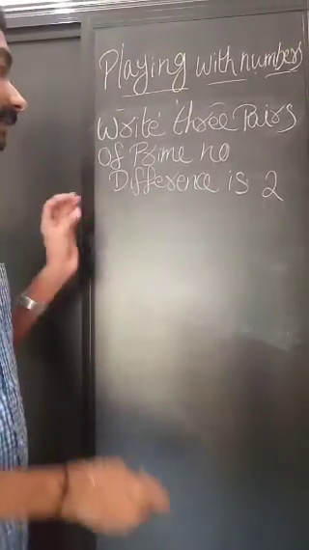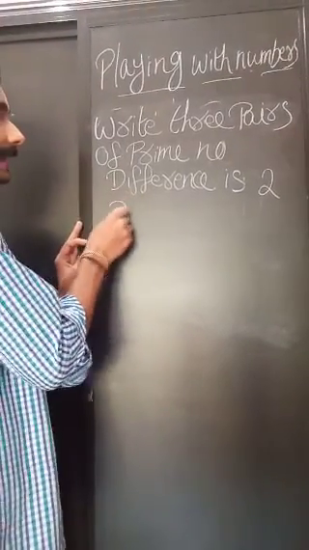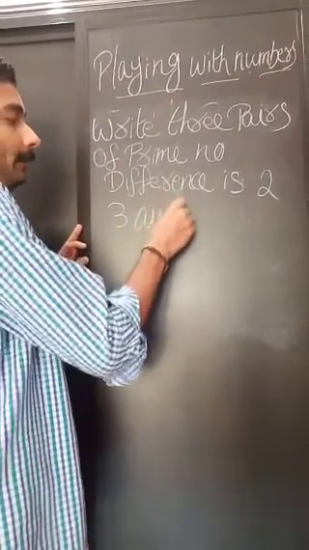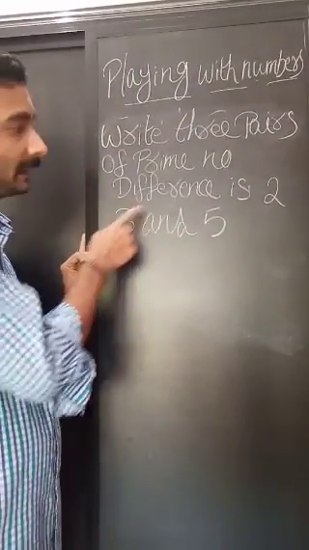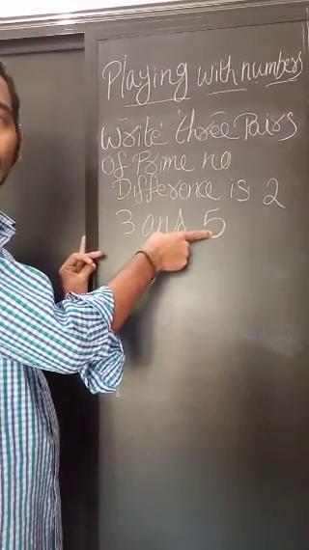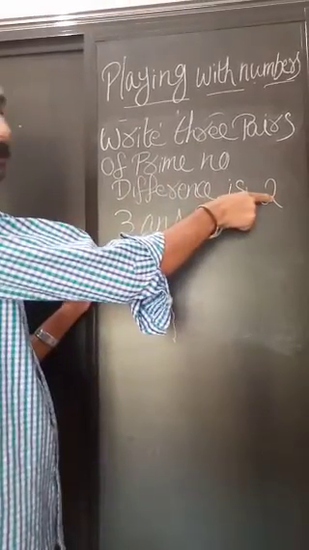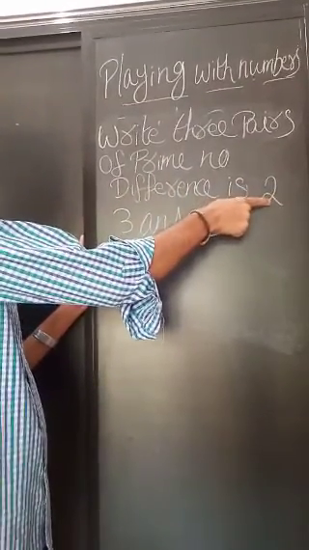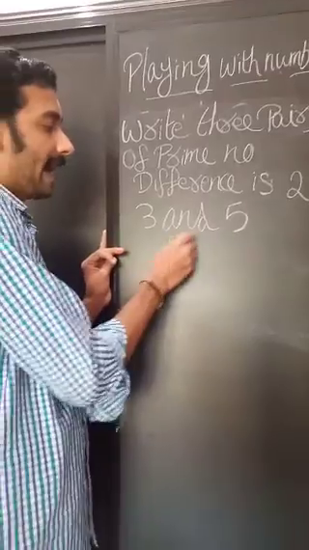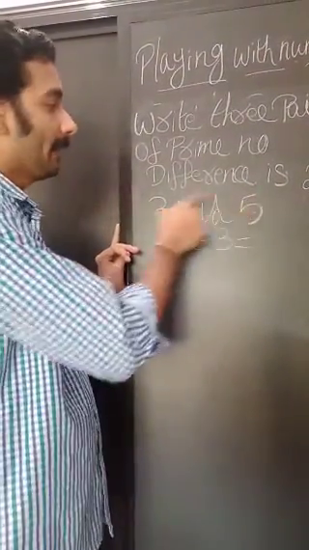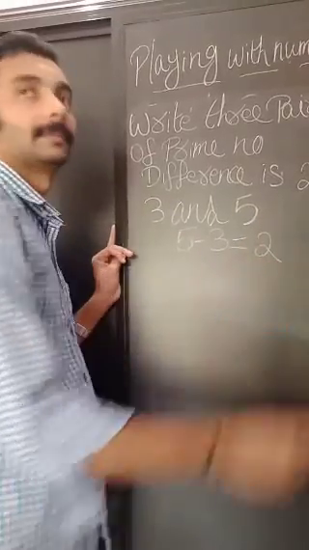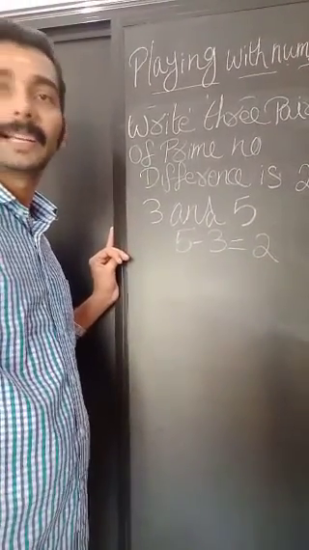I write 3 and 5. 3 is a prime number, 5 is another prime number. The difference is 2. That means 5 minus 3 is 2. Clear?